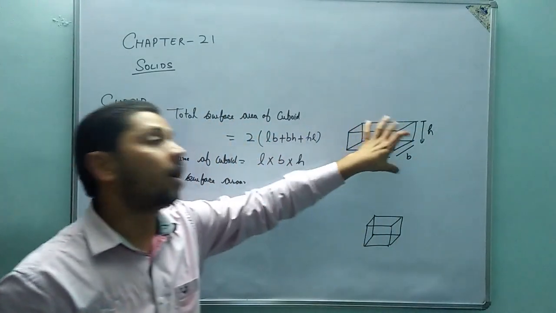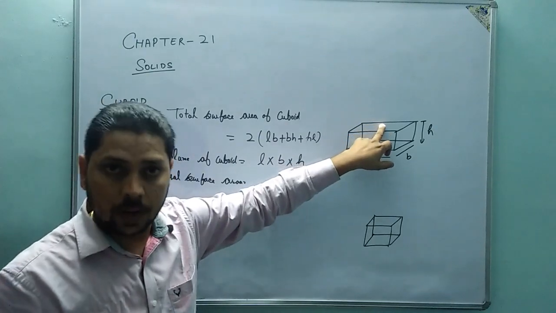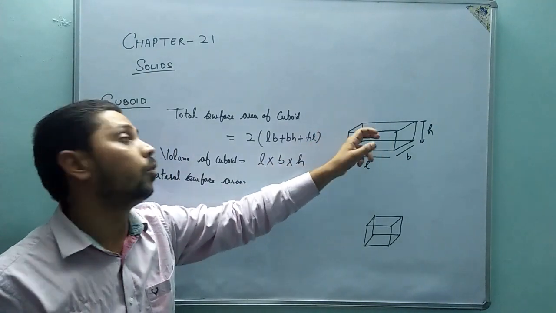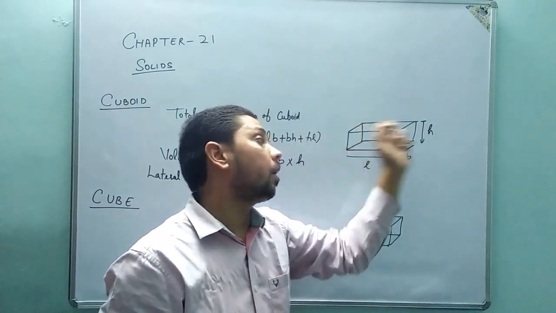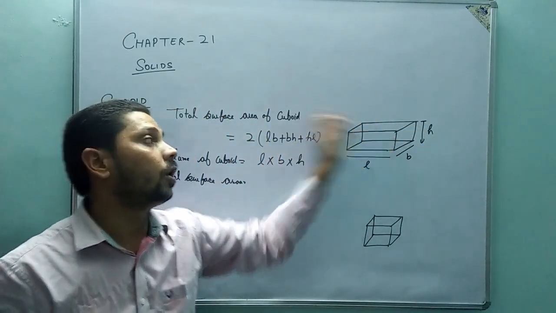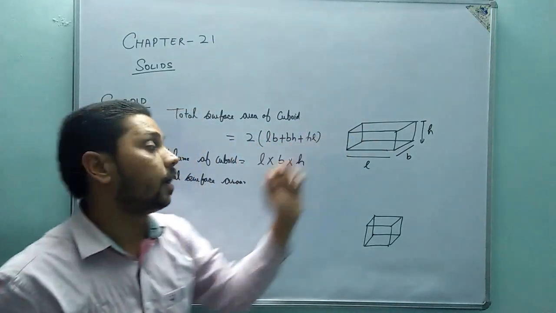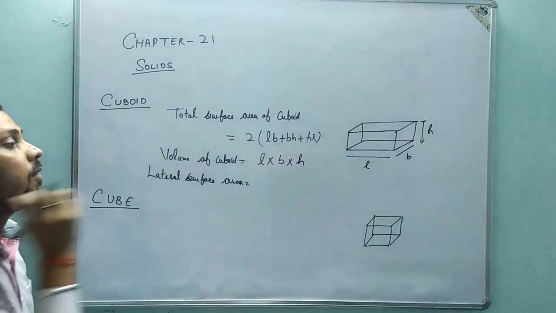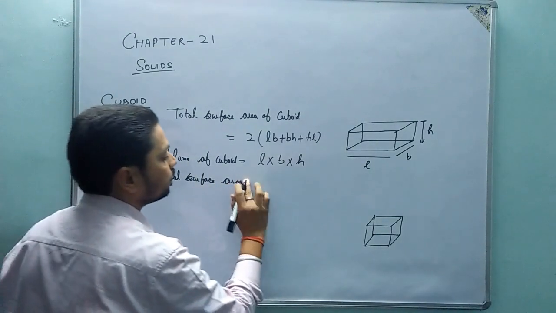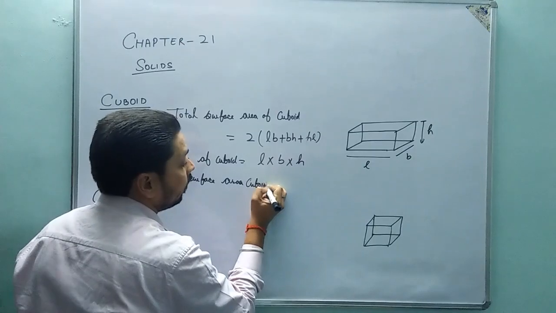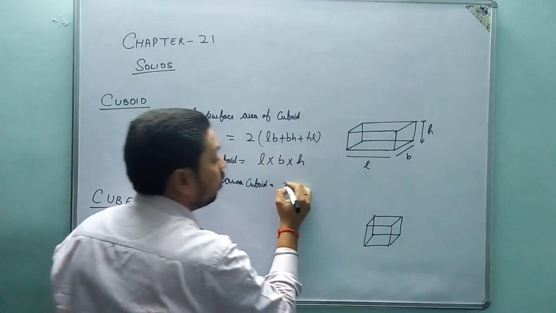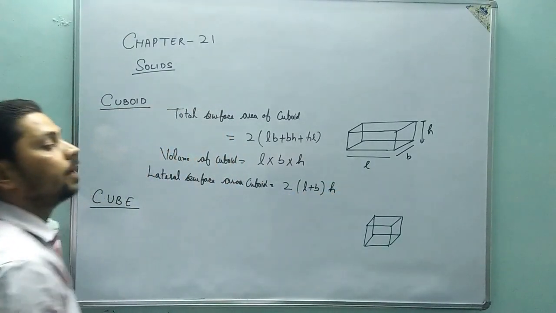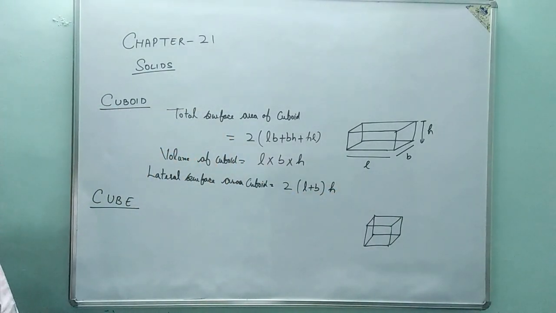We are not considering the upper rectangle and the lower rectangle, or we can say we are not including the roof and the floor, but only the four rectangles. So the lateral surface area of the cuboid will be equal to 2(L plus B) into H.